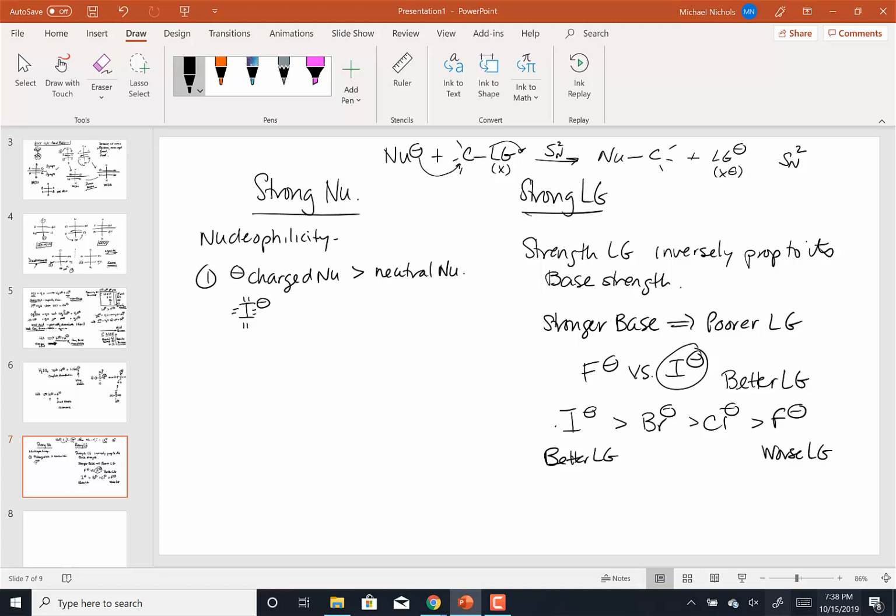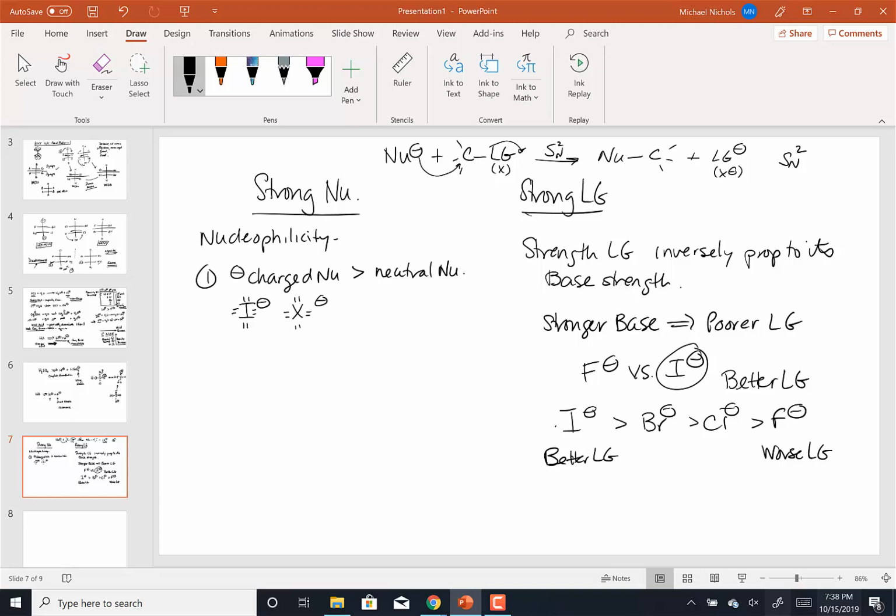This would be true of any of the halogens, because all the halogens have 8 valence electrons, 4 lone pairs. That gives them a negative charge. And so any of them can donate as a nucleophile. What are neutral nucleophiles?